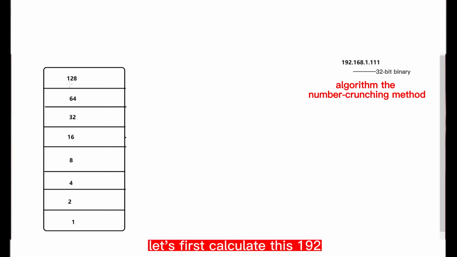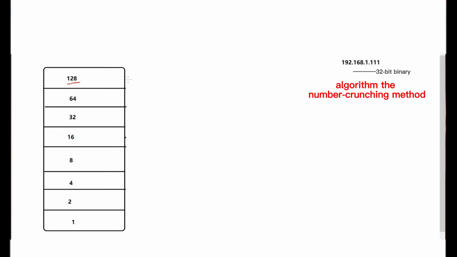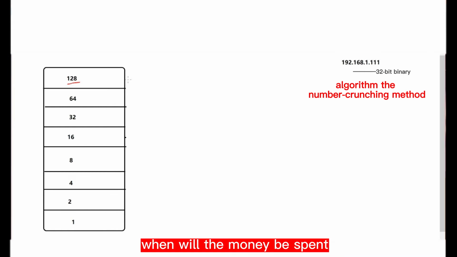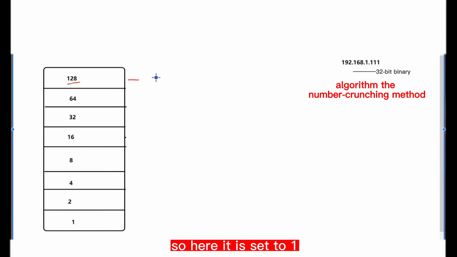Let's first calculate this 192. If I take this to buy 128, I can buy it. 192 equals 128 plus 64. From top to bottom, you definitely pick the expensive ones first. 192 can definitely cover 128, so here it is set to 1. This bit must have a value of 1.